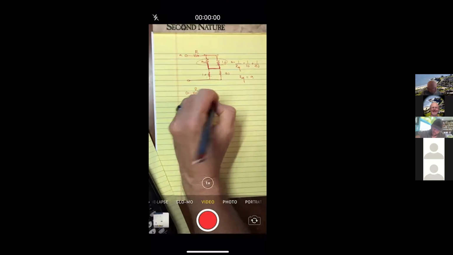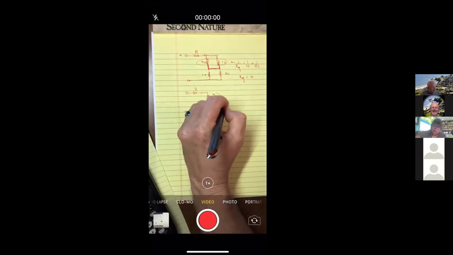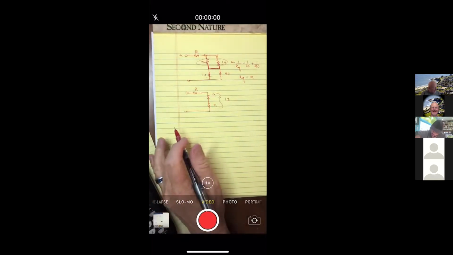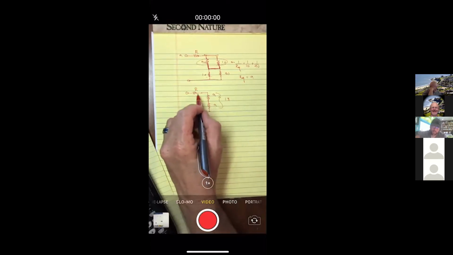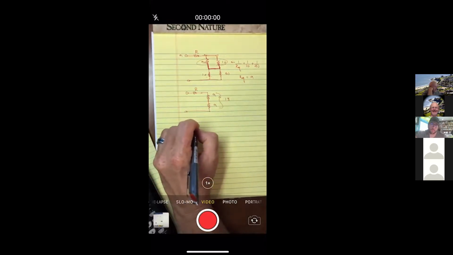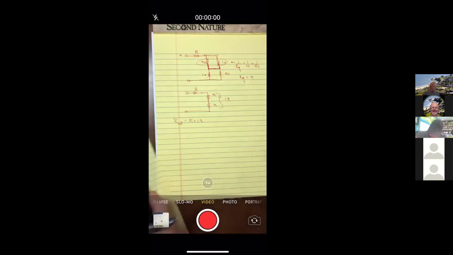So this is a 9 and this is a 9. And since those are in series, I'll add them to an 18. Okay, so this R then is in series with the 18. So this would be R plus 18 would now equal the total when the switch is closed.